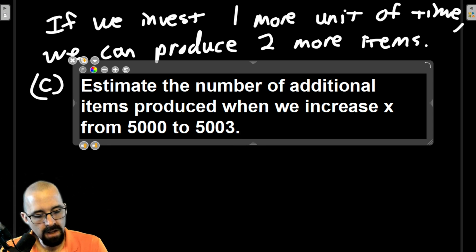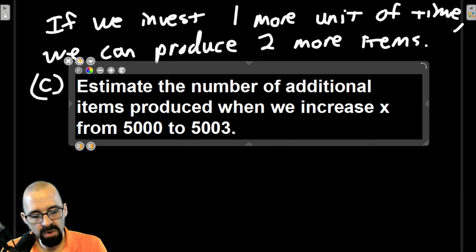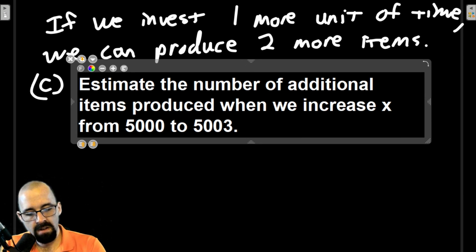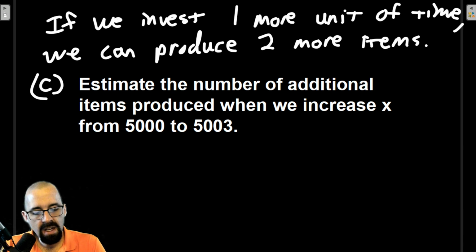So this is where we're really going to use that formula. If we increase our input, the units of time, the units of labor from 5,000 to 5,003, approximately how many additional items are we going to get?